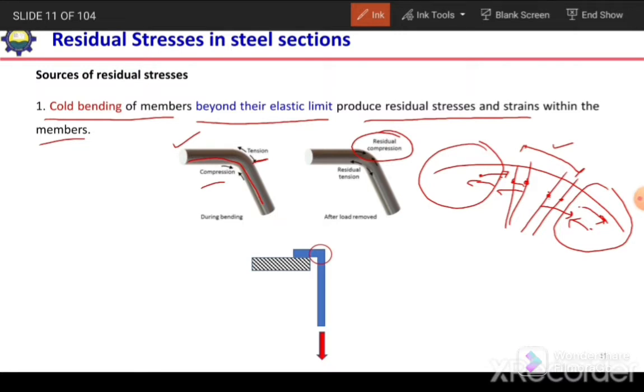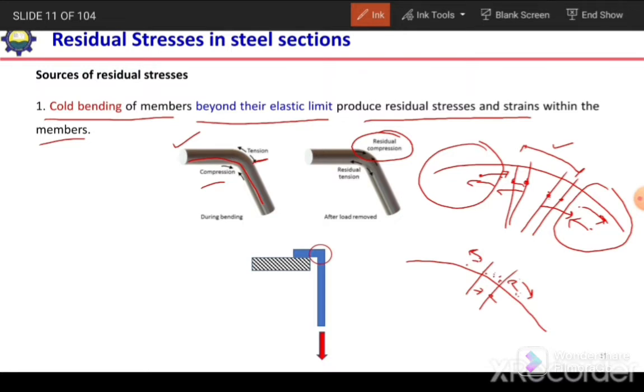A similar case occurs on the inner side. Initially the particles move toward each other, and if this portion is permanently deformed, these particles attain their new position. After the removal of loads, the particles which are elastically deformed will try to go back to their original position, but the permanently deformed particles gain a new position.